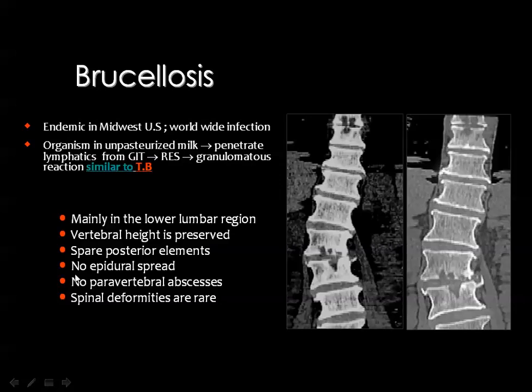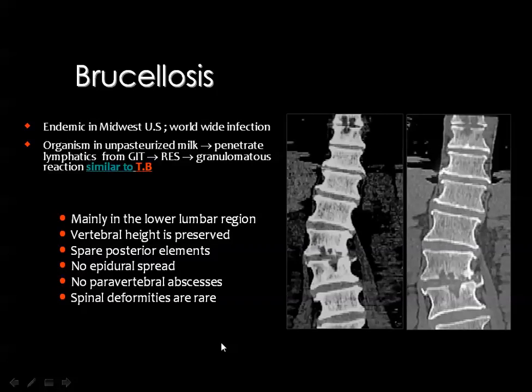There is no spread to the intraspinal canal, so there is no chance for the formation of epidural abscesses, for example, and there is no involvement of the posterior elements.